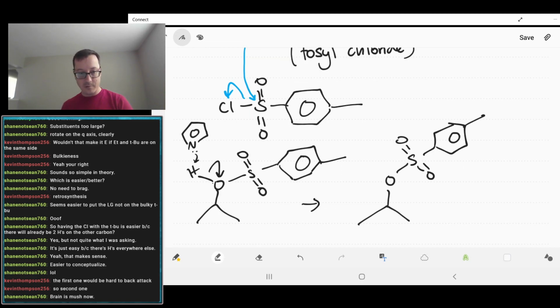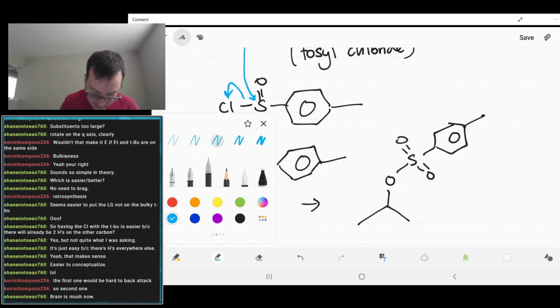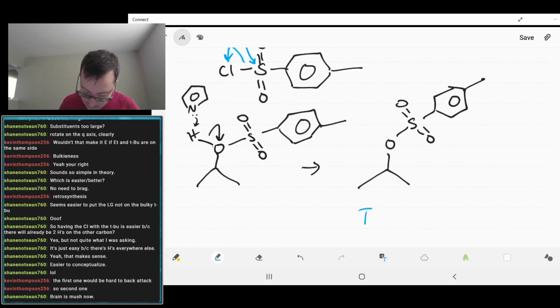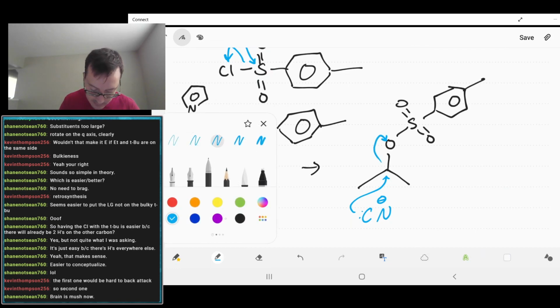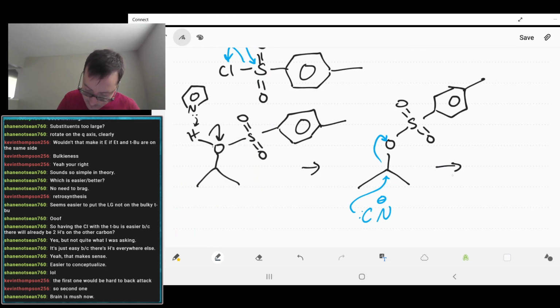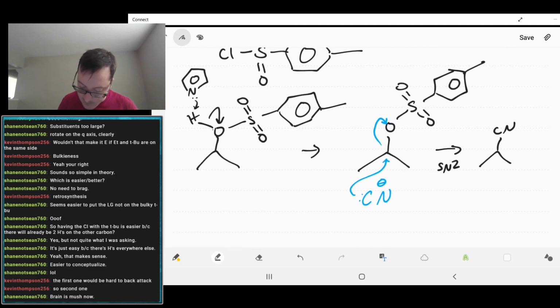This is a great leaving group because it can resonate like crazy once you have it go away. Here's our nucleophile. It comes in, kicks it out. We end up doing SN2 here. And we lose, as the byproduct, this guy. This is why it's such a good leaving group.